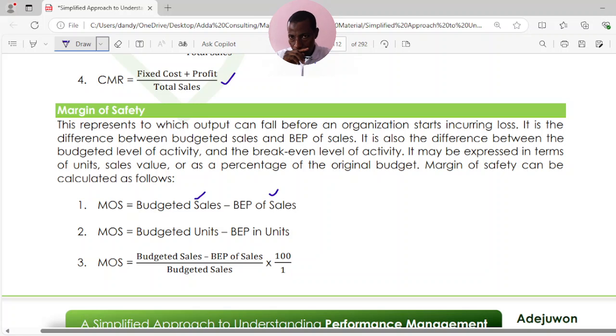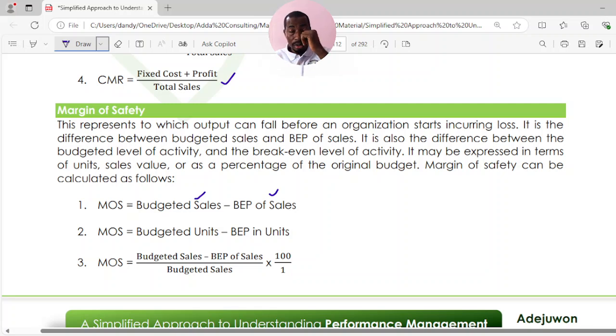Remember we said that the break-even point is the point where there is no profit and no loss. So your margin of safety is any point above your break-even point. The margin of safety is just the difference between the point above the break-even and the break-even itself.